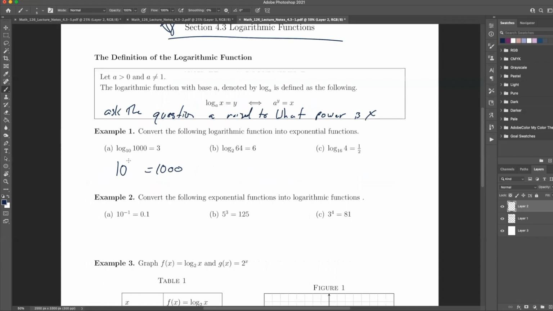Well, that answer here is 3. Or 2 to what power is 64? Well, that answer here is 6. Or 16 to what power is 4? And that answer here is a half. Okay, so that's what the logs are asking.